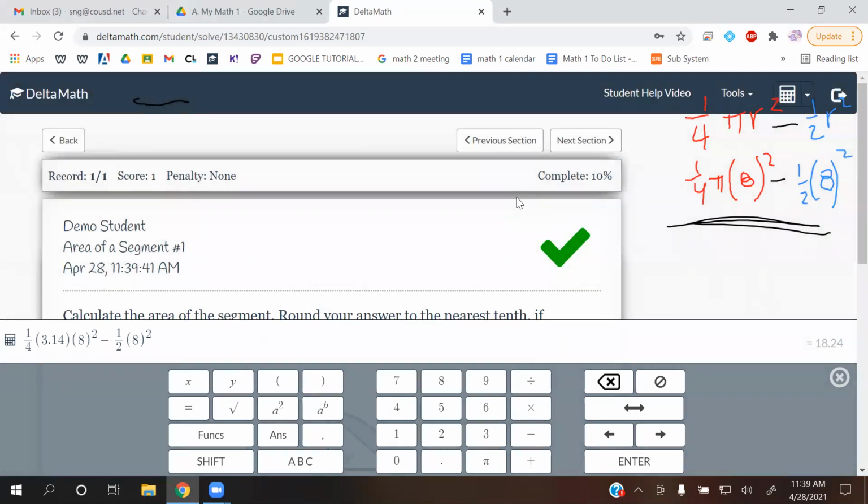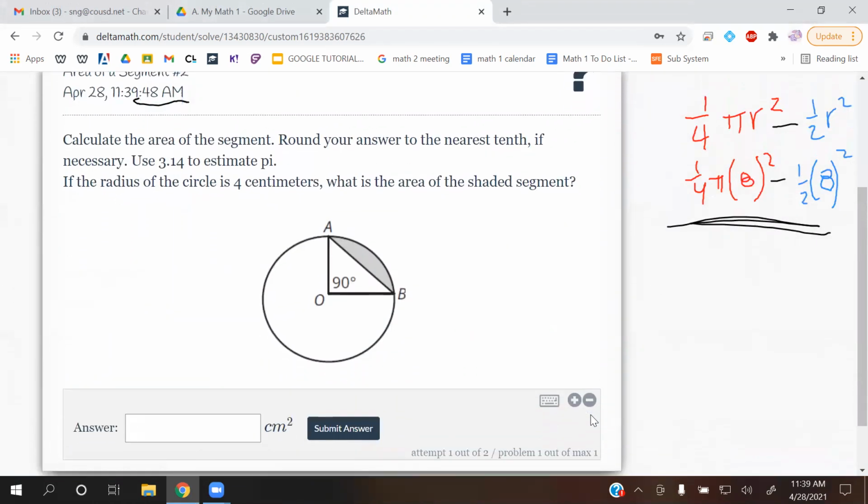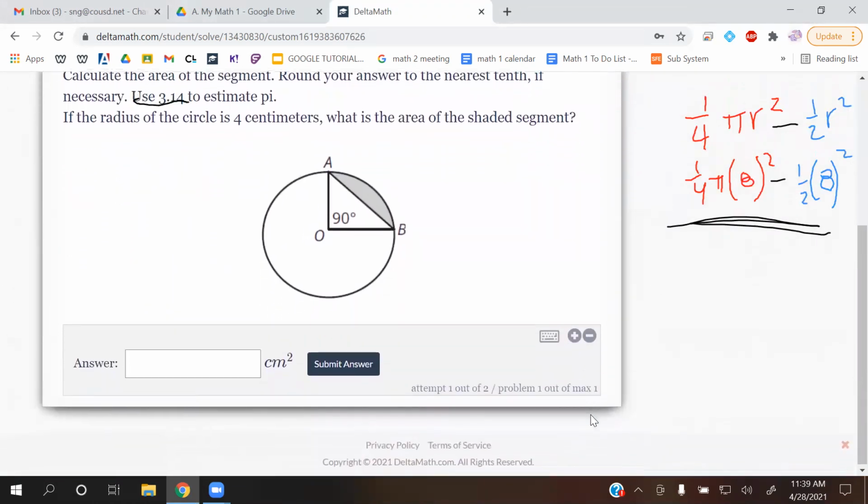Okay, so let's do a couple more examples of this. All right, so remember that we're using this formula. I already derived it in the first example, so we're just going to keep this formula and use this formula.